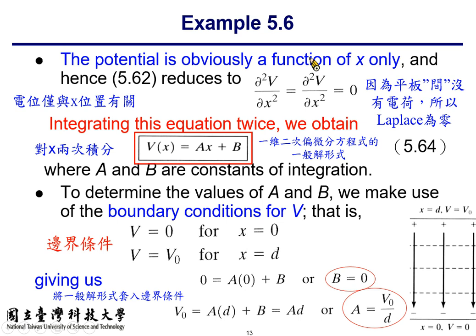So we substitute x and V into this ax plus b equation, and we find that the constant b equals 0, and the constant a equals V sub 0 divided by d, which is the distance between the two plates.